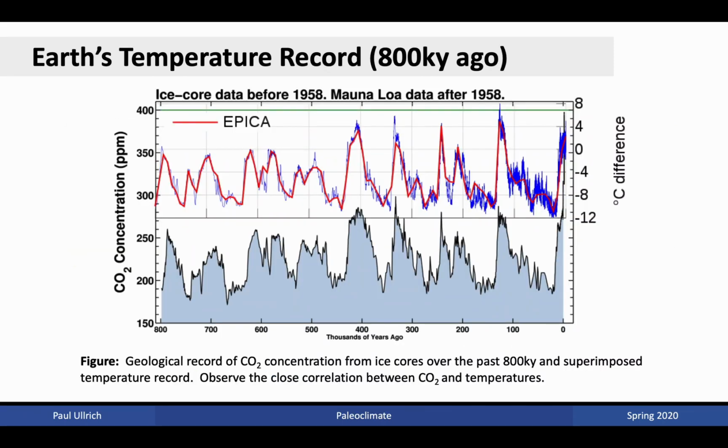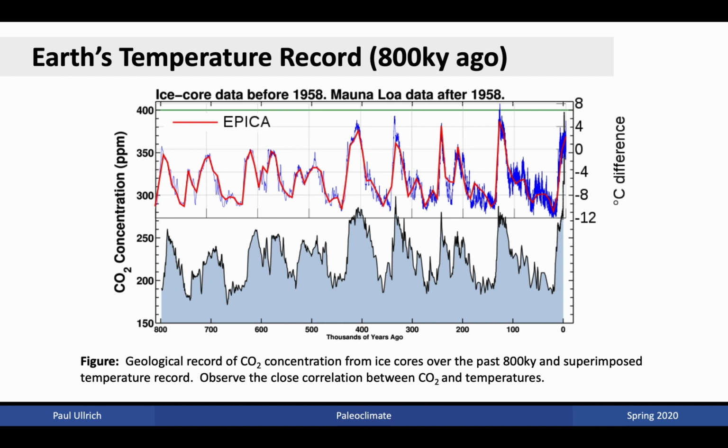If we now use ice core records to go back 800,000 years before present, we can see that these glacial and interglacial phases of the Earth actually were fairly common. The Earth actually flip-flopped between both glacial and interglacial stages. Using carbon dioxide records, which were extracted from air bubbles within ice cores, we can actually find close correspondence between the carbon dioxide concentration of the atmosphere and Earth's temperatures.